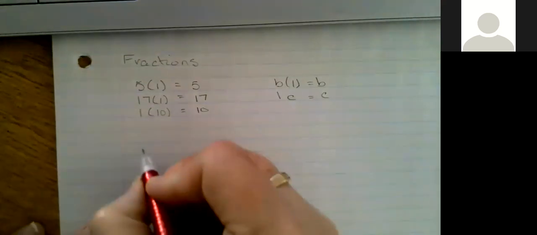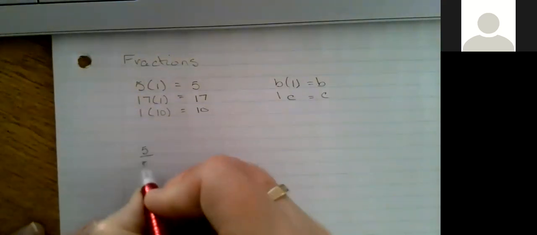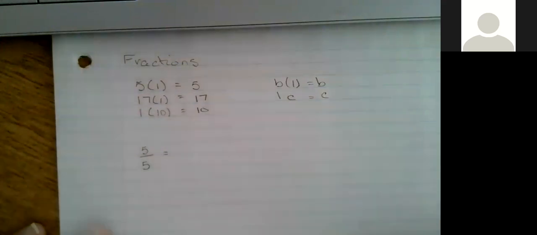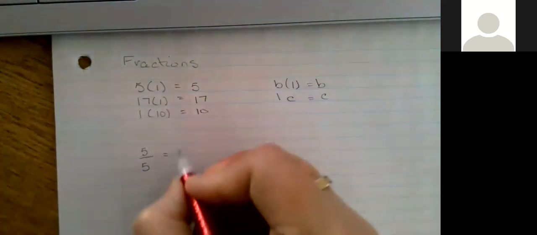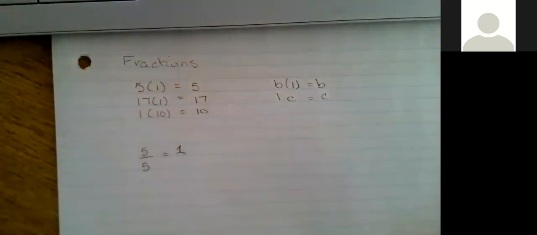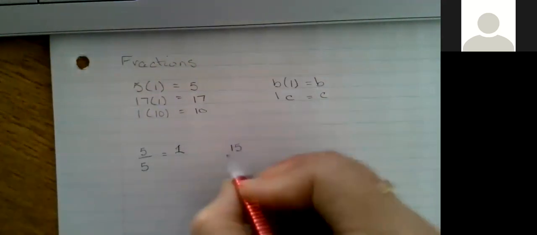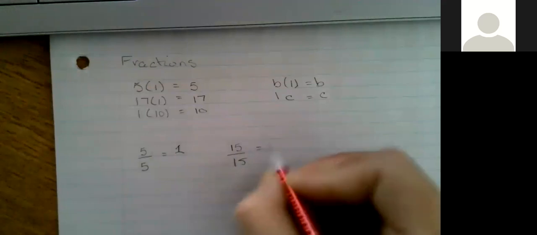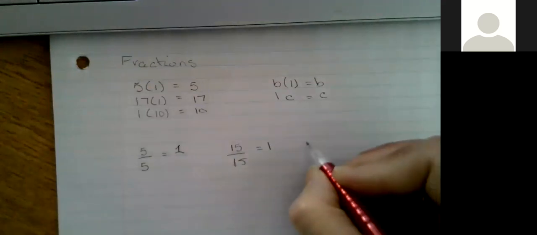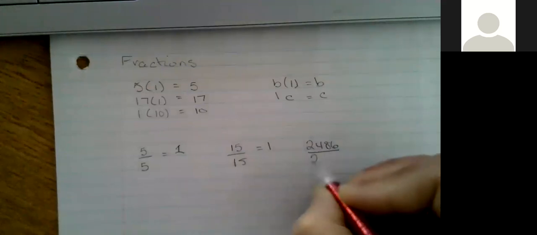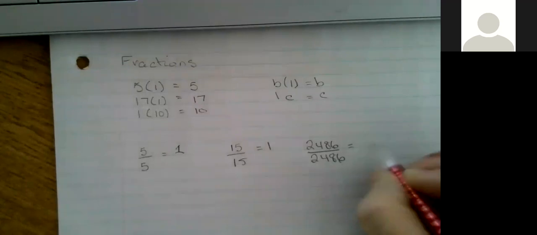Next thing we need to know. Hey, Tristan, what's 5 divided by 5? 1. Yes. And if we go 15 divided by 15, it's also 1. 2,486 divided by 2,486 is still 1.